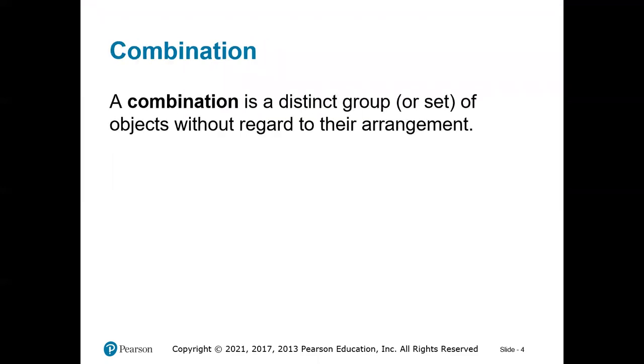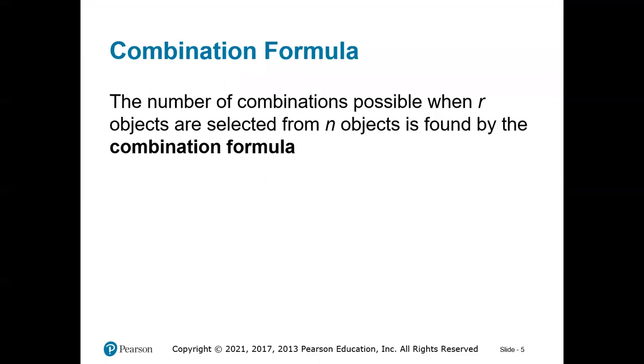A combination is nothing but a distinct group or set of objects without regard to their arrangement. So we don't care about the order. The number of combinations possible when R objects are selected from N objects is found by the combination formula. I'm going to give you the formula in a second, but keep close attention to the word combination.